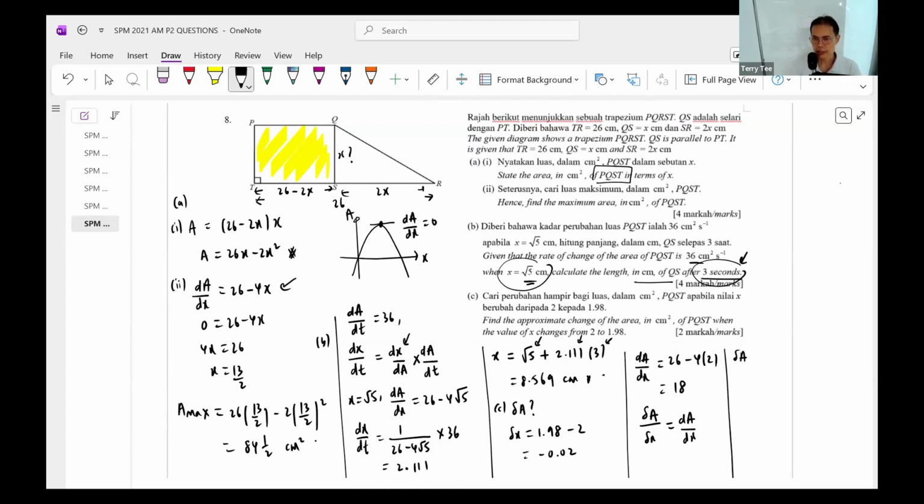So your delta x is negative 0.02, dA/dx is 18. Multiply, and you get negative 0.36. You can write the unit if you want, but I think no need. Unit is in cm square.